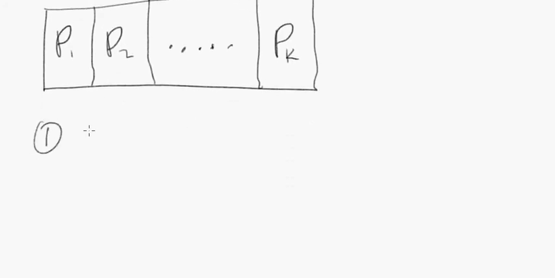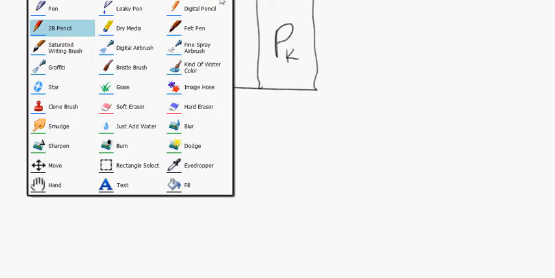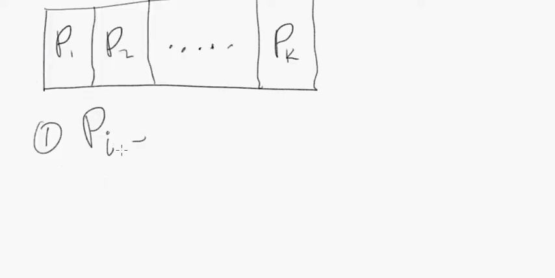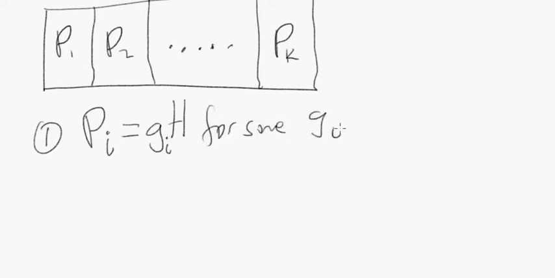Condition 1, each of the partitions is actually equal to a left coset of H, so equal to g_i H for some g_i an element of the group, right?